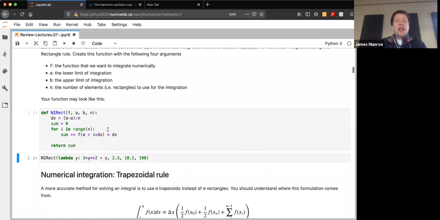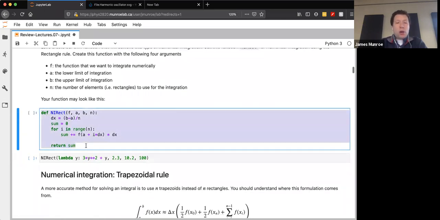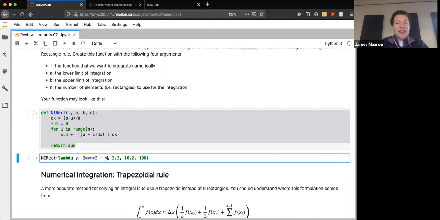All right, so here is some code which implements the numerical integral of a given function. So if f is some function, like g of x, it's something that you could evaluate. This code will evaluate the integral from a to b of that function if the interval is divided up into n different pieces. And here's an example of calling that. I'm passing what's called a lambda function. It doesn't have to be a lambda function.